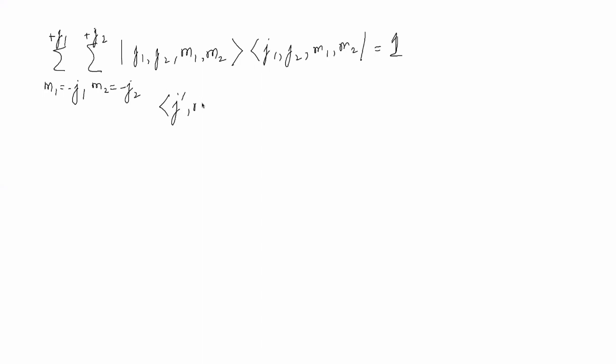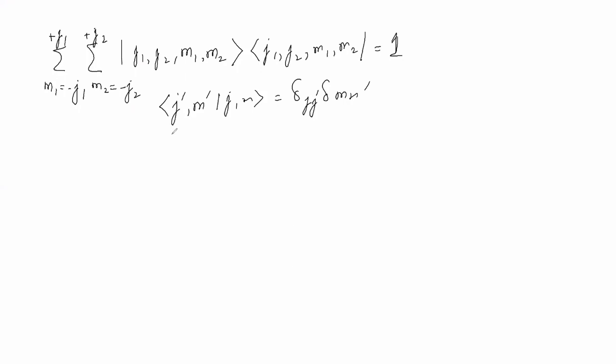And <J' M'|J M> is equal to delta J J' delta M M'. Okay.